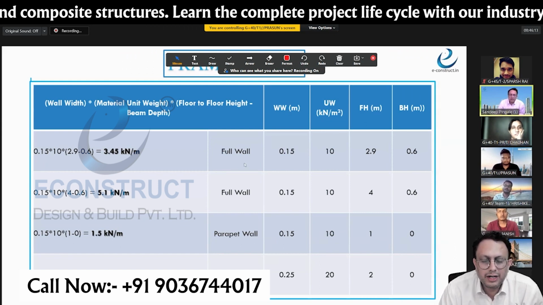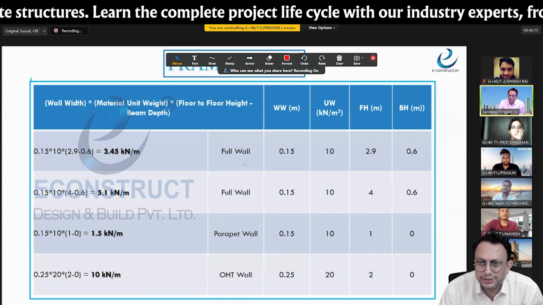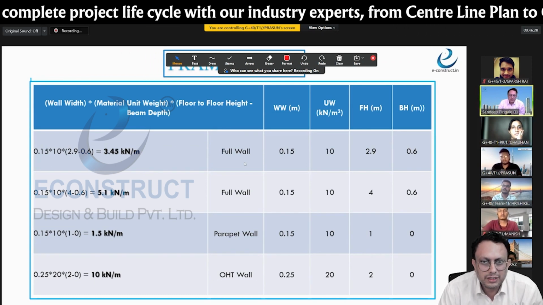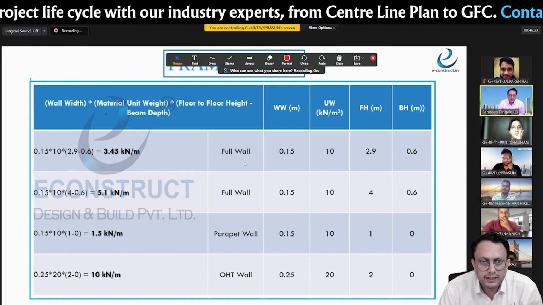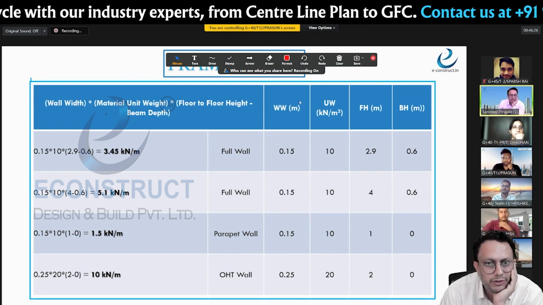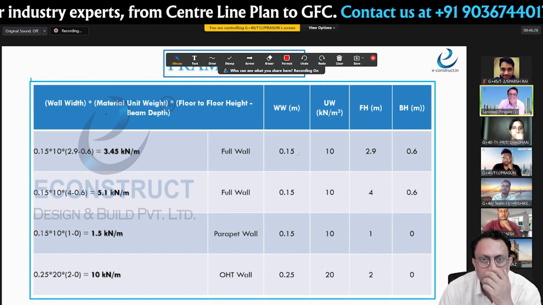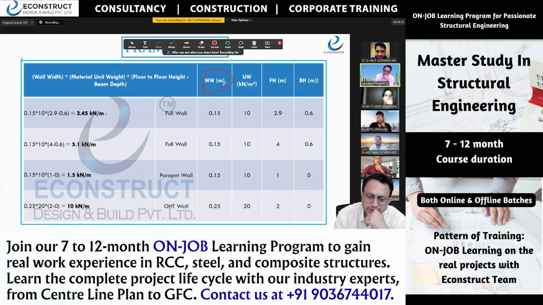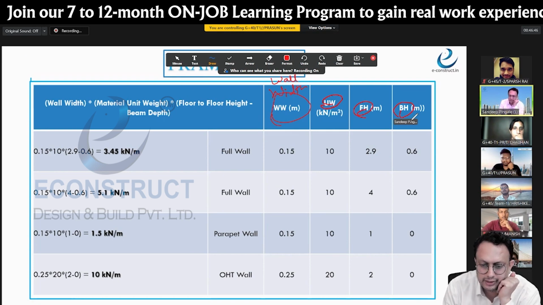In the first tower, I have seen that there is a deflection of 3 meters. That is not correct. What is WW meter? What is that? Oh, so it is the wall width. No, don't give such kind of norms. Give the wall width. Partition wall width. Don't give your own nomenclature.